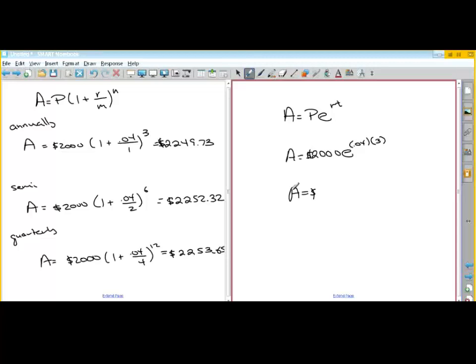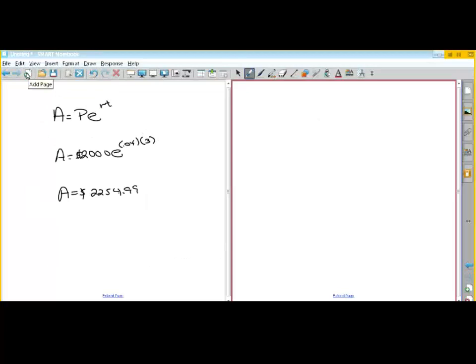So if you take e to the 0.04 times 3, which is 0.12, you get 1.1275 times 2,000. And again, it should be slightly bigger. I knew I made a mistake because I looked and it wasn't greater, so I looked back at my calculator. $2,254.99. Okay.